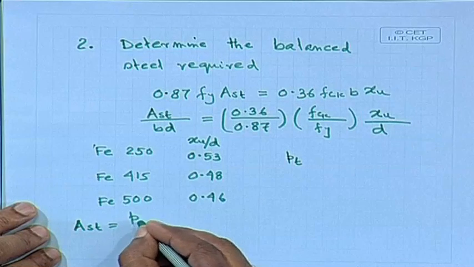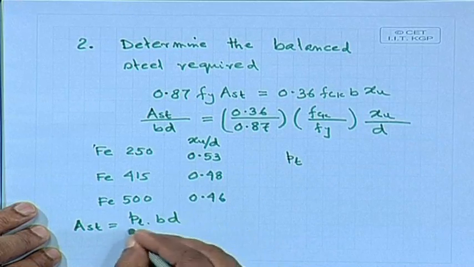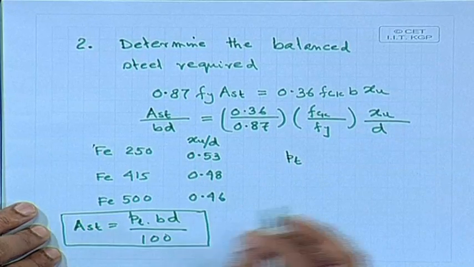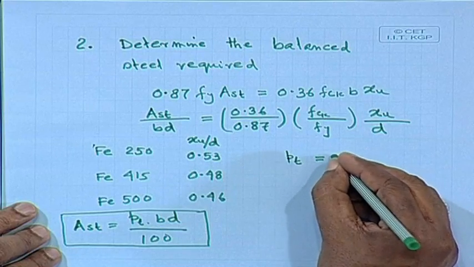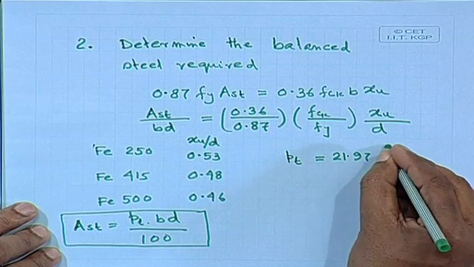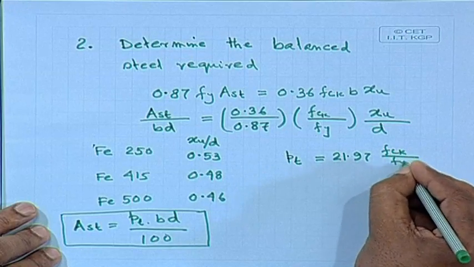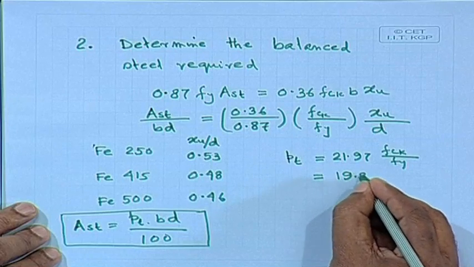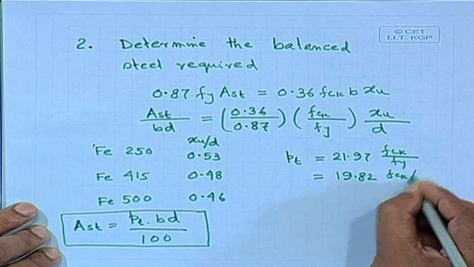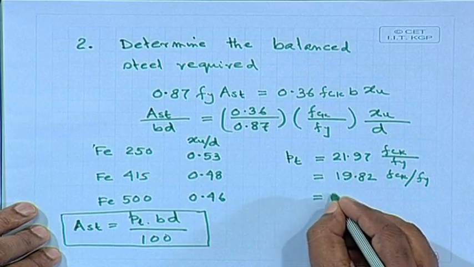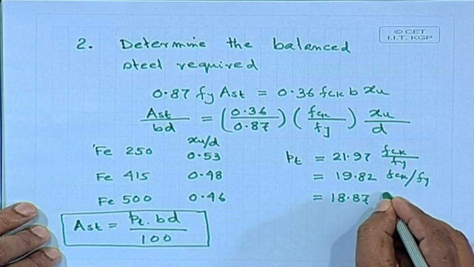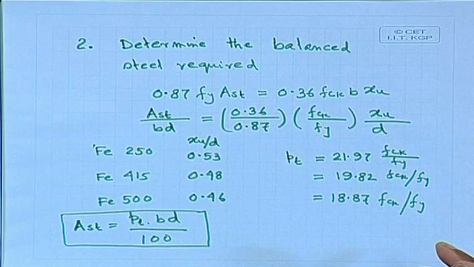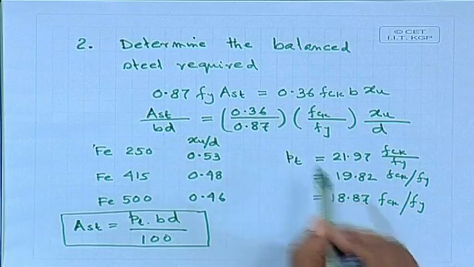Ast equals Pt times bd by 100. So, Pt equals 21.97 fck by fy, equals 19.82 fck by fy, equals 18.87 fck by fy. If we calculate, we shall get this.